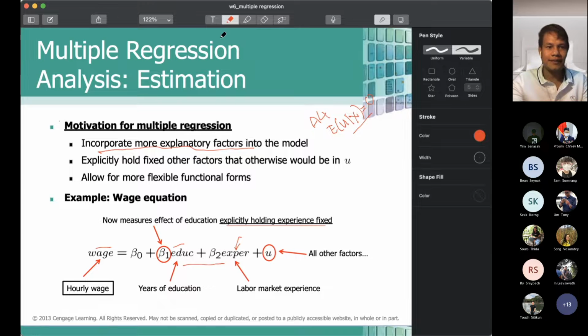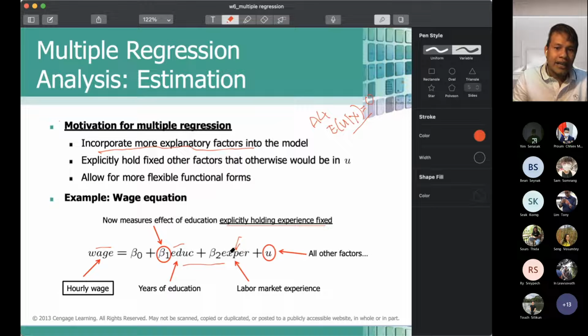Yeah, could you explain again the wage equation? Why do we hold experience fixed? Here is just the interpretation. Normally, when we want to interpret the effect of education on wage and we include experience in this model, we can say that beta 1 is the effect of education on wage.